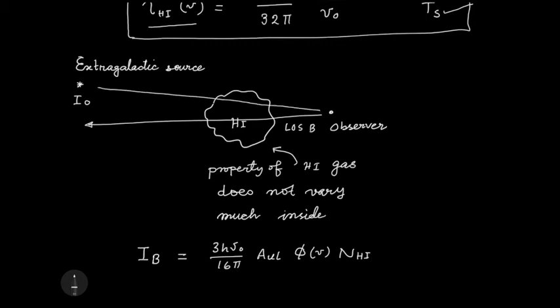That is the 21 centimeter emission intensity of this cloud. If I look in this direction though, so this I call line of sight A.